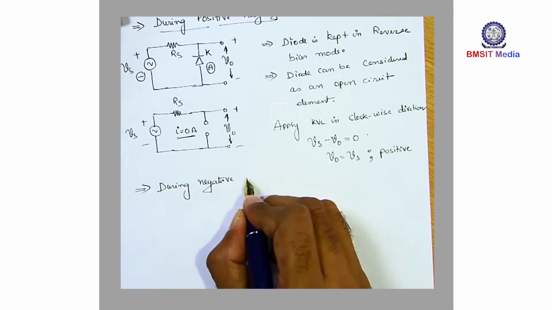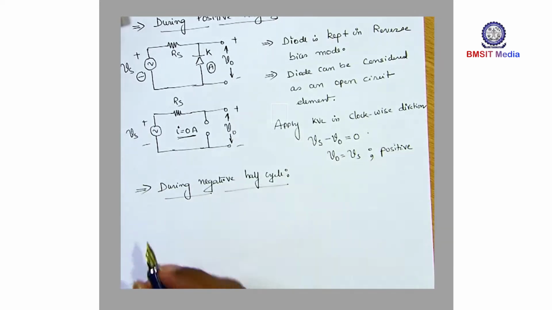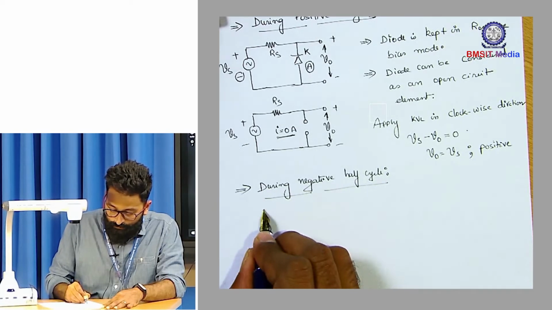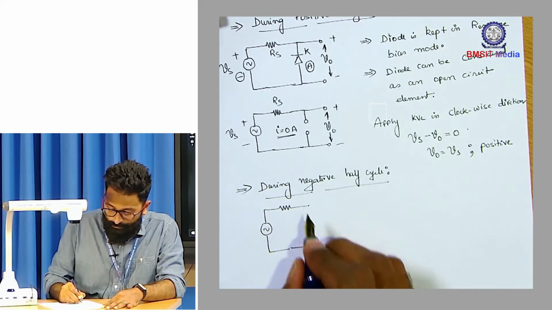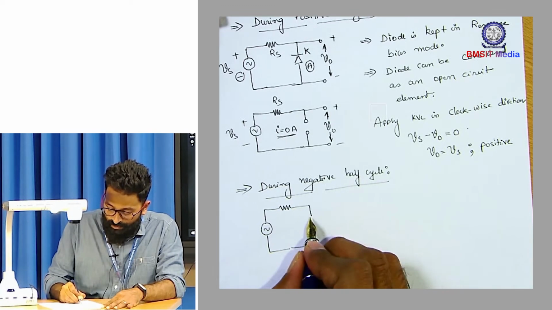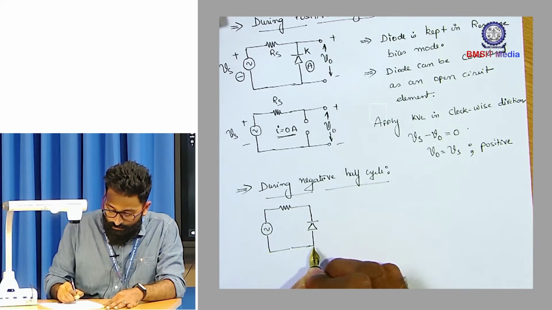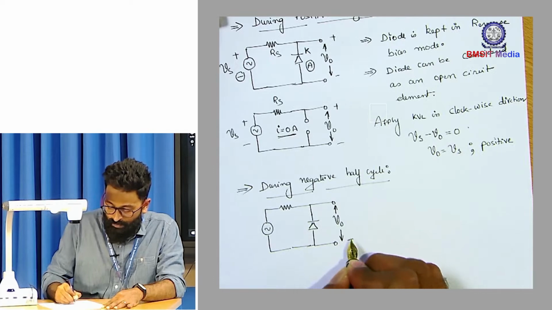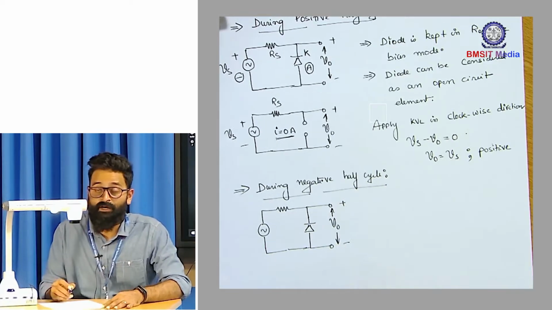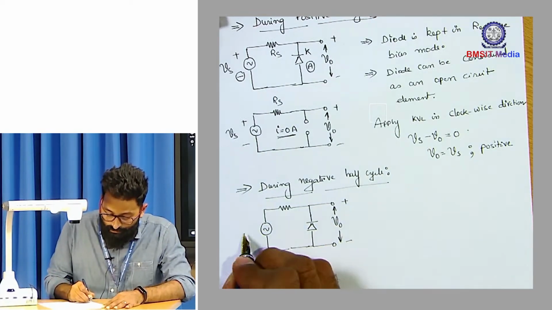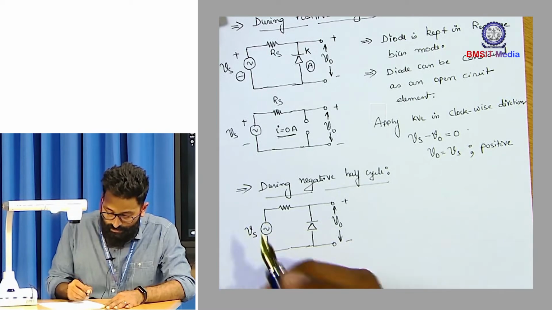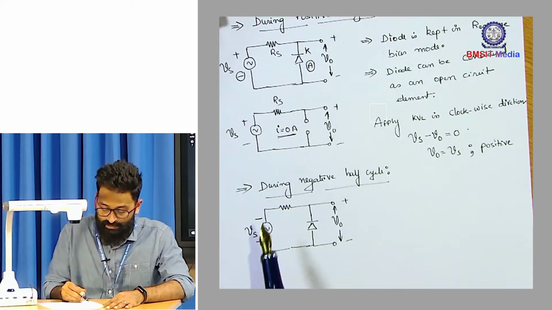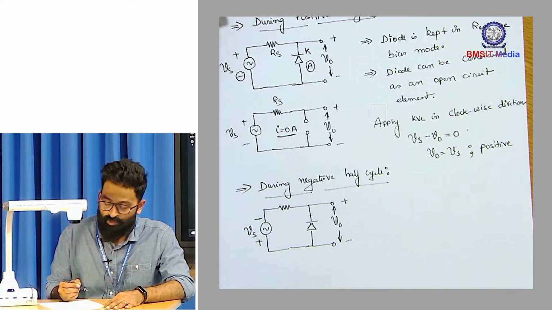Next, let us consider during negative half cycle. The polarity of the source needs to be reversed. But the sense in which we measure the output will not change, right? So this is your Vs. So in order to facilitate negative half cycle, let's consider upper side negative and lower side positive.